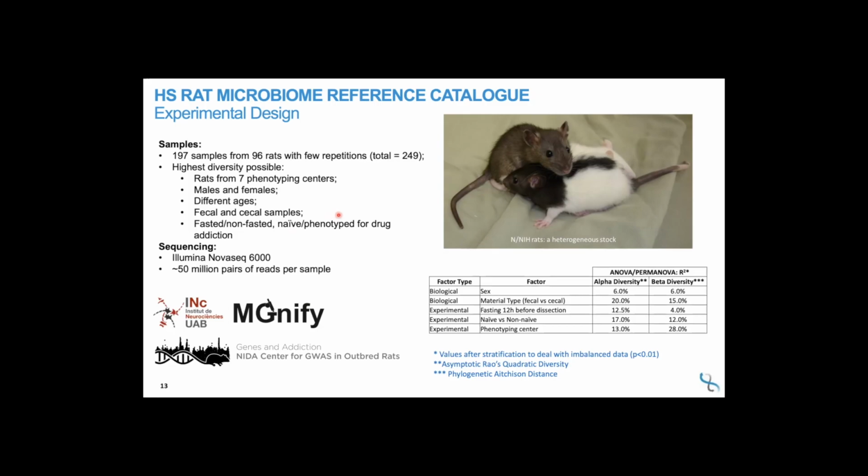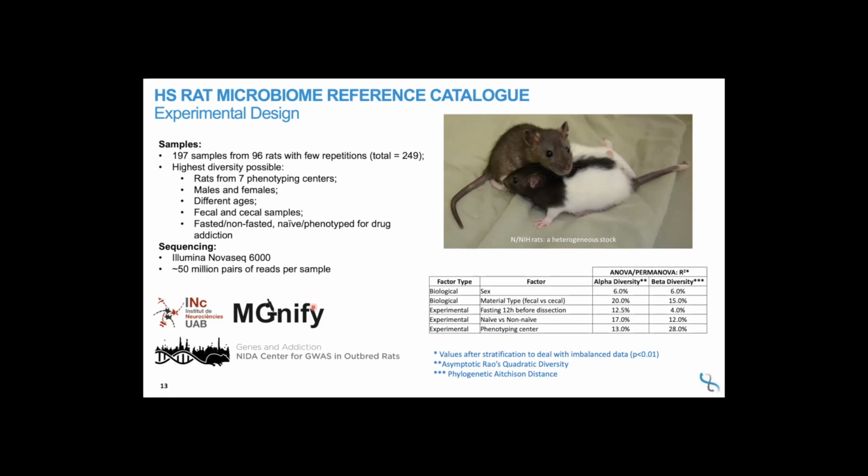And as you can see here on the right side, we performed microbiome diversity analysis in order to see whether these different factors could explain differences in terms of diversity, and we saw that these factors were really helping us to get a higher diversity that we expect to reflect in a high number of different, diverse genomes that we can recover from the metagenomic data we are collecting.